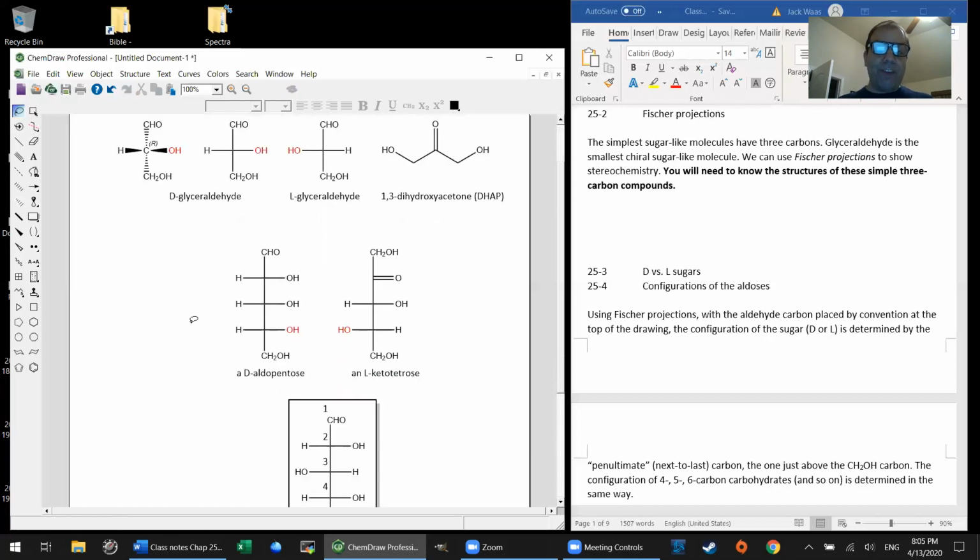So just to give some examples here, this compound, which I just made up, has 5 carbons total, 1, 2, 3, 4, 5. So that would be a pentose, whereas these 2 are trioses, actually. We identify it as being a D sugar because of that penultimate OH. Penultimate is just a $60 word meaning next to last. And so that makes it a D sugar.